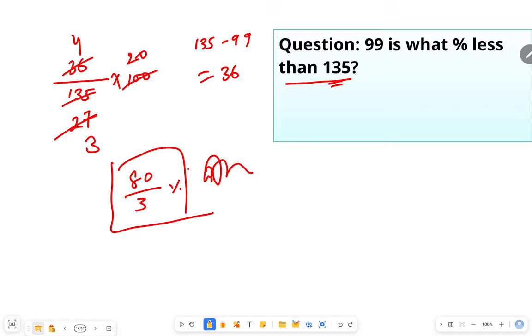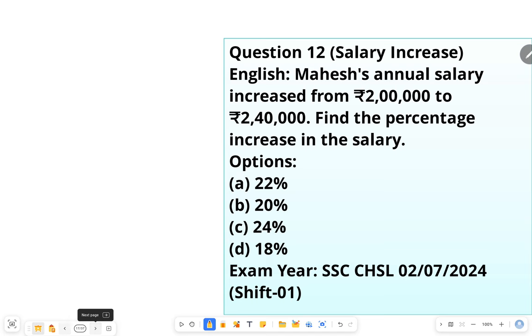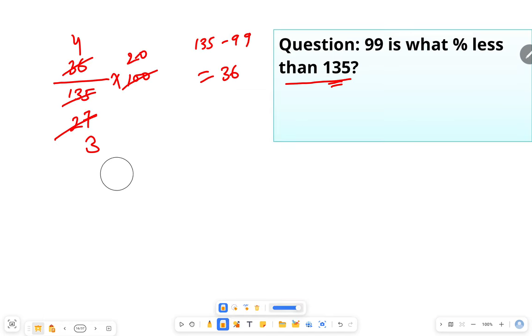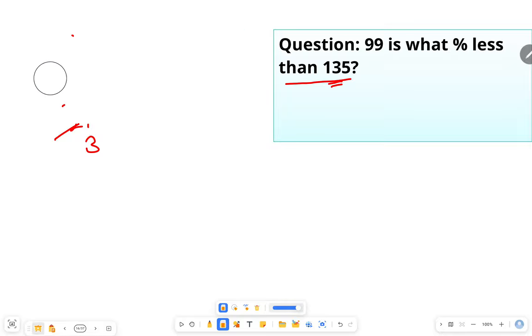And you would have noticed that we have learned one more concept. What concept was that? Instead of comparing these two numbers, we can simply do one thing. Here you have 99, and here you have 135. Which number can divide these two numbers?